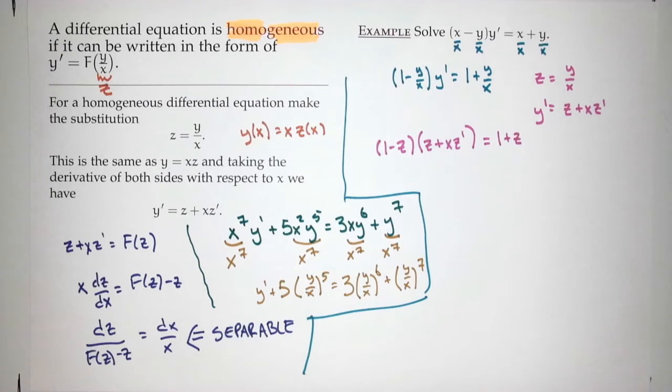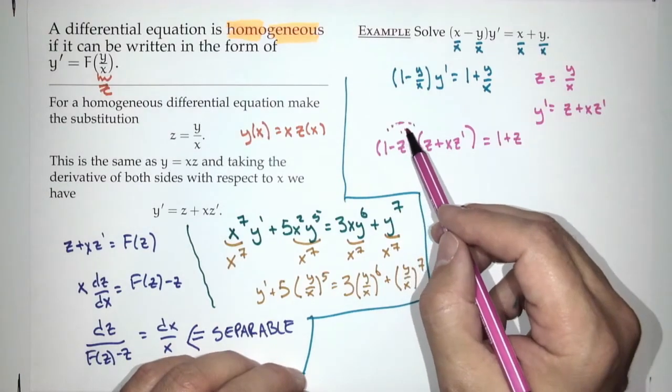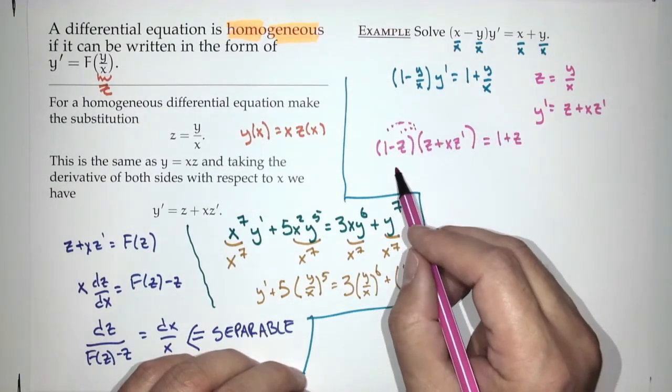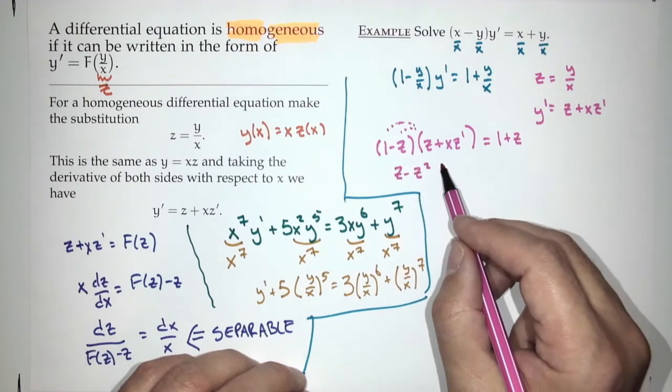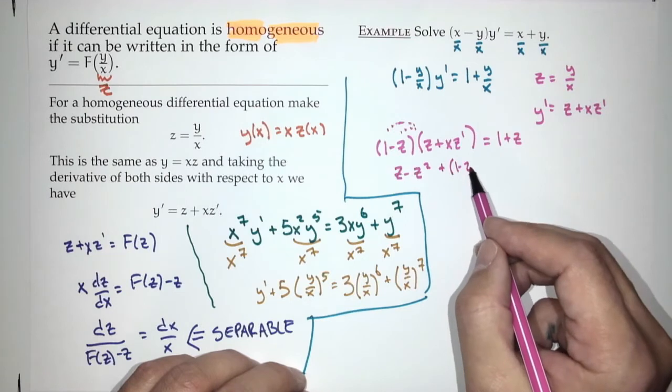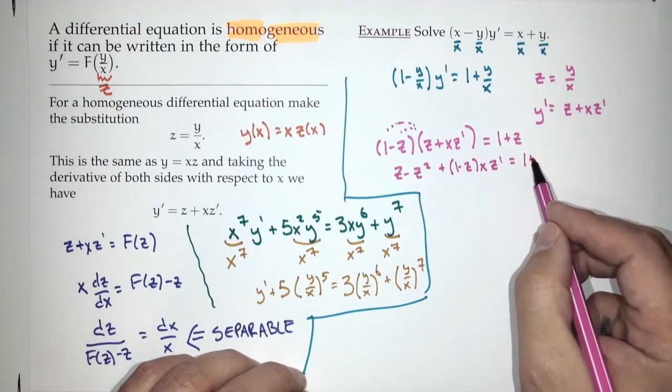So now we're great. We've changed it. There's no more y's left, so that's good. Whenever we do a substitution, we've got to get rid of one of the variables. In other words, we're substituting out. From here, let's do a little bit of distribution. So this can become z minus z squared, and then plus 1 minus z times x z prime, equals 1 plus z.